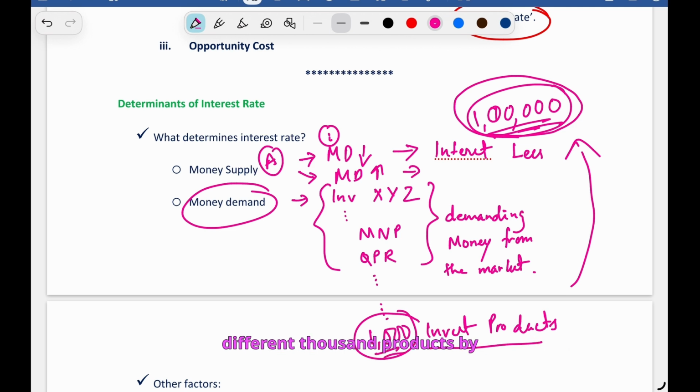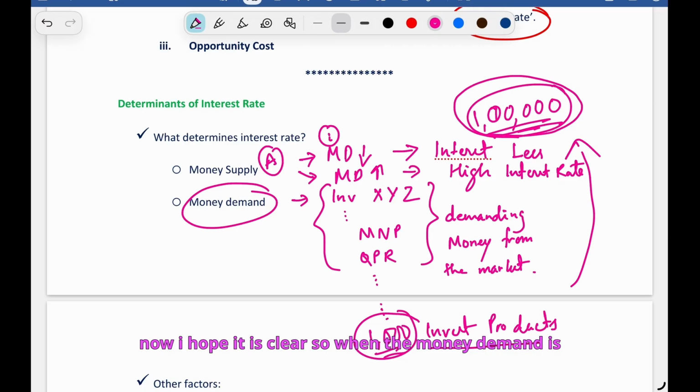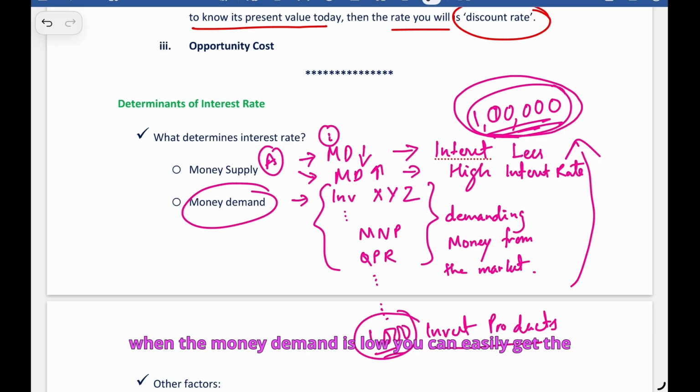So each of the different 1,000 products by different 1,000 companies will try to get money in their company. So they will be fighting with each other. So to attract money, they have to give high interest rate. So when the money demand is low, you can easily get the cheaper interest rate. But if the money demand is high, you'll have to pay high interest rate. So basically, it all depends on money supply and money demanded, right?